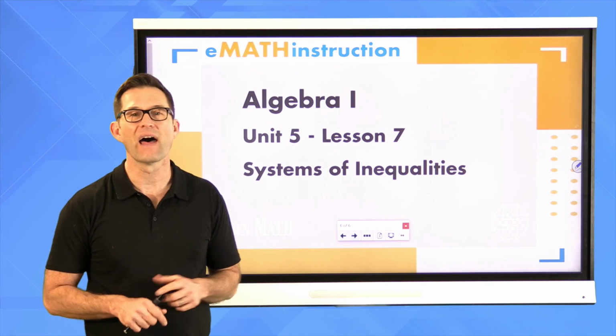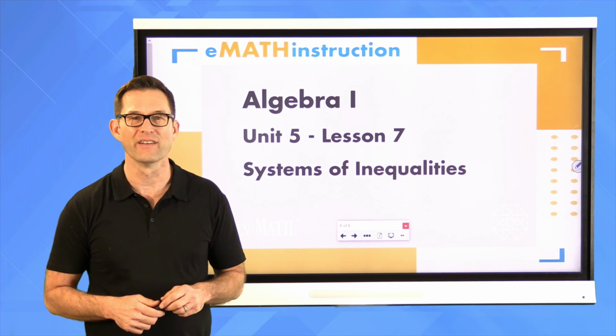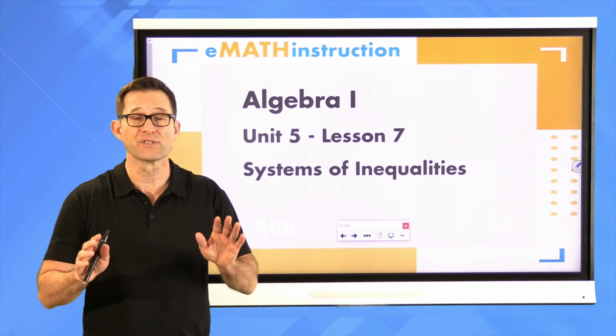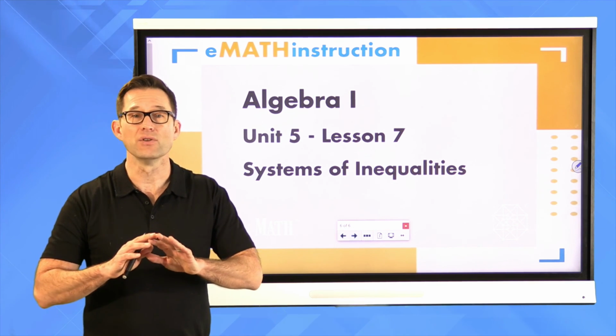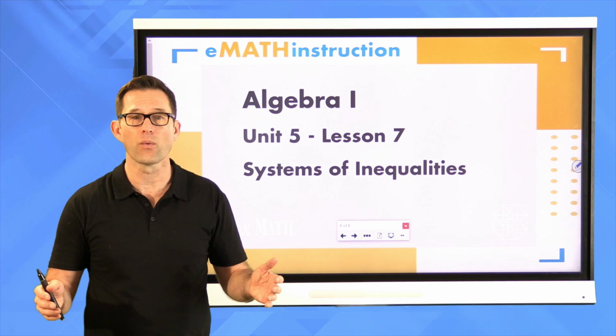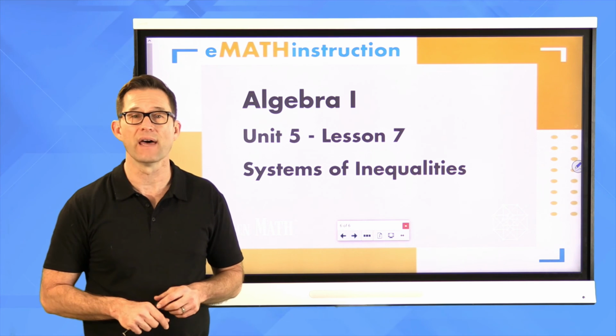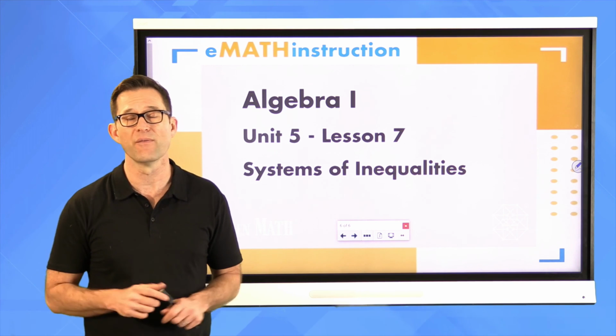I guess in that last exercise we had 3 inequalities, which got to be a little bit ugly, right? But ultimately speaking, you're still looking for where the solution sets of the individual inequalities overlap with one another, and those then become the solution set to your overall system of inequalities.